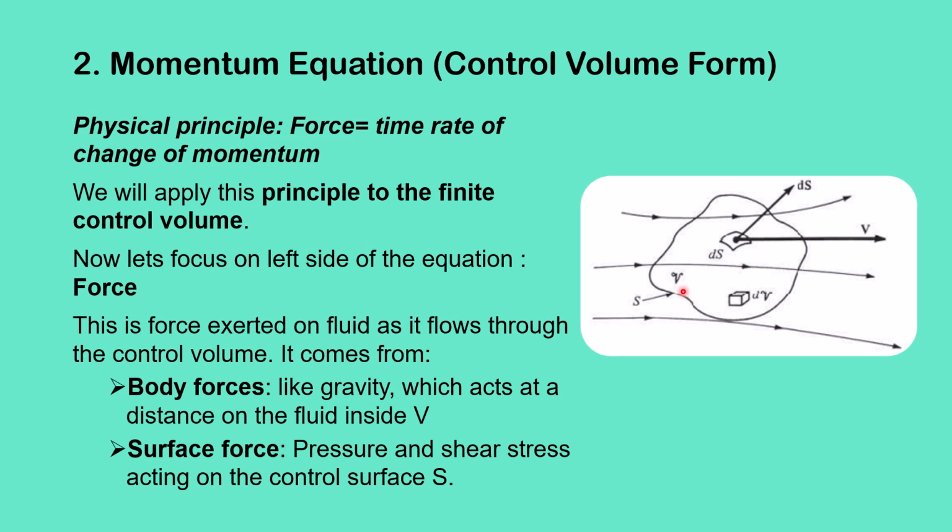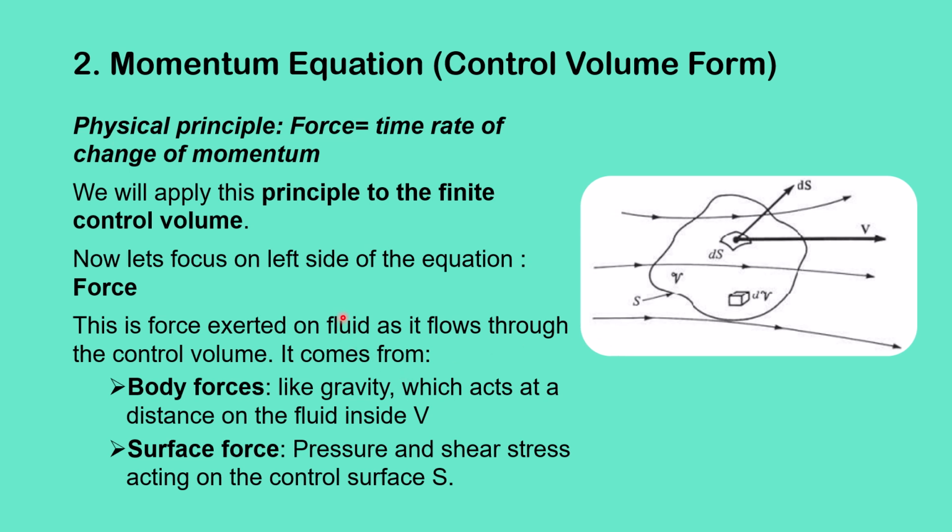V is the total volume inside the control volume and S is the boundary of that volume, that is the control surface. The V here is the fluid velocity vector showing direction and speed of the flow, and dS pointing outwards is a normal vector to the surface dS. This setup helps us apply the momentum equation properly by analyzing what's happening inside and across the boundary.